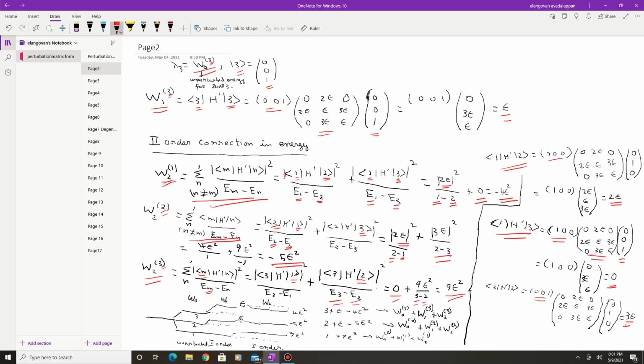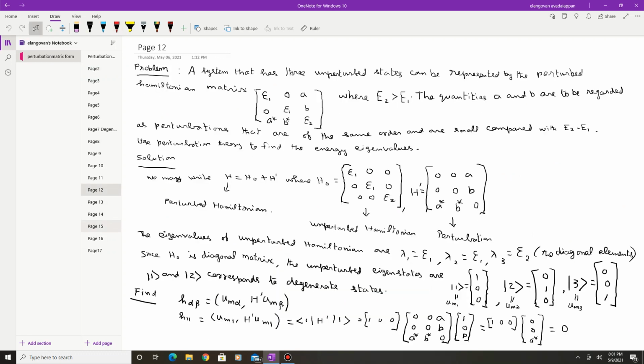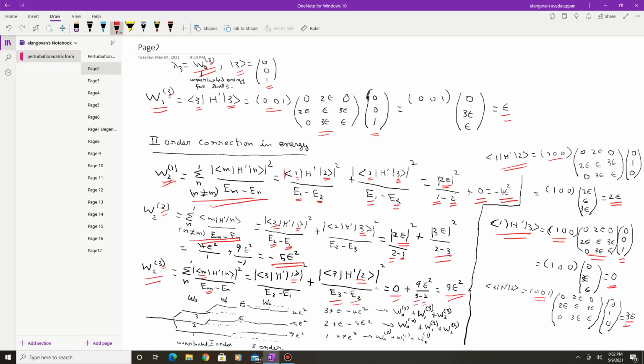So if you summarize the result, there are 3 levels, the unperturbed levels.